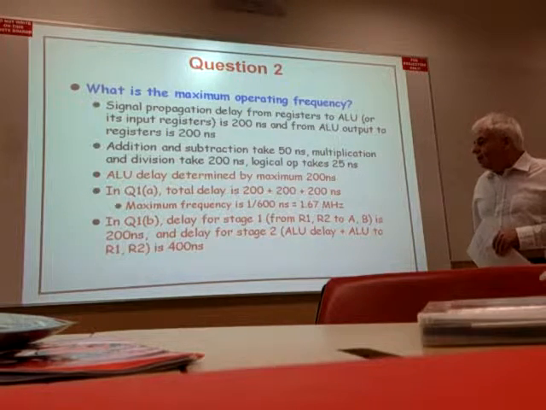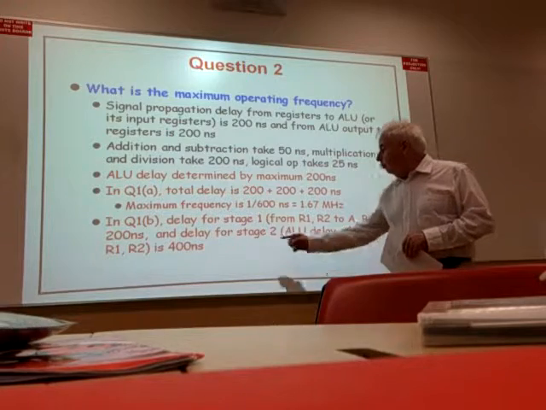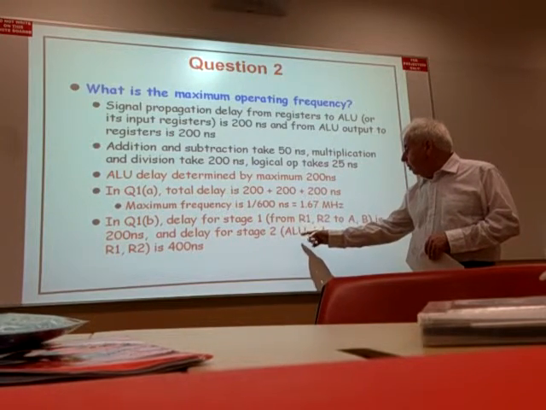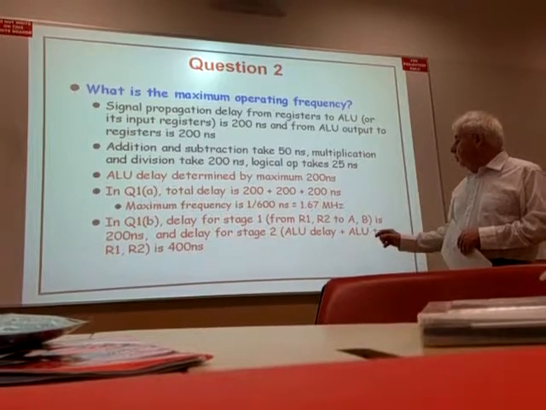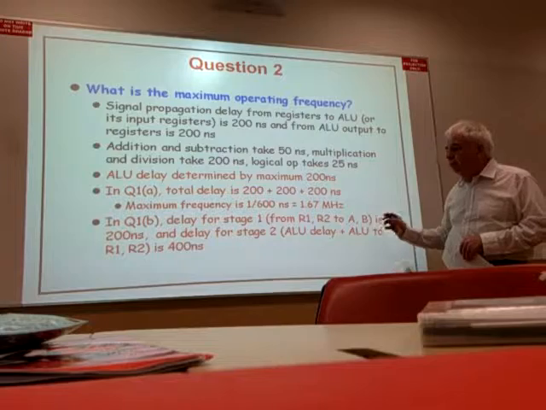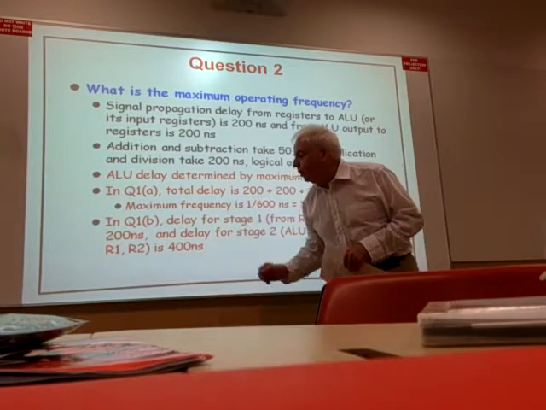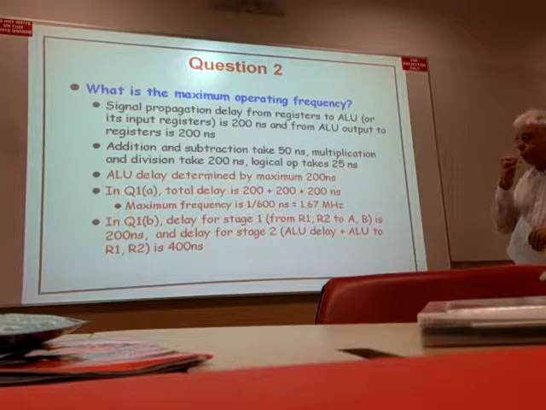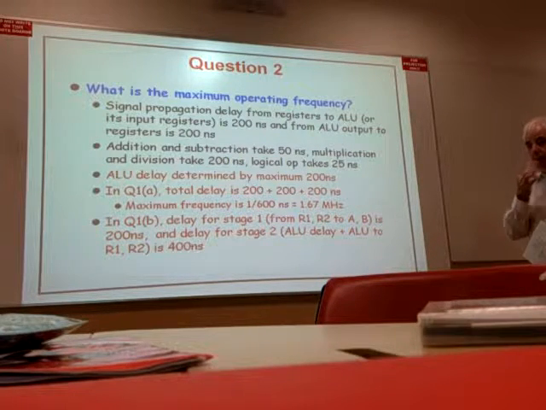And then for stage 2, which includes the ALU delay and the signal propagation from the ALU back to the registers R1 and R2, that's 200 plus 200, which is 400 nanoseconds.